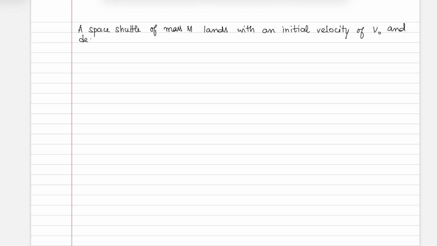In this case, you have a space shuttle of mass m that lands with an initial velocity of v naught and then deploys a parachute.